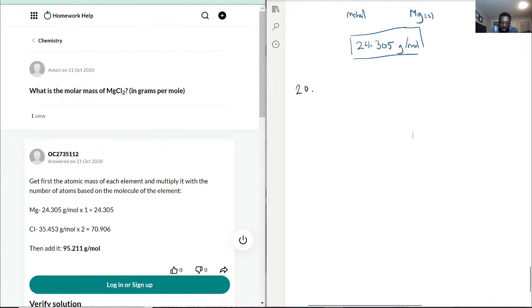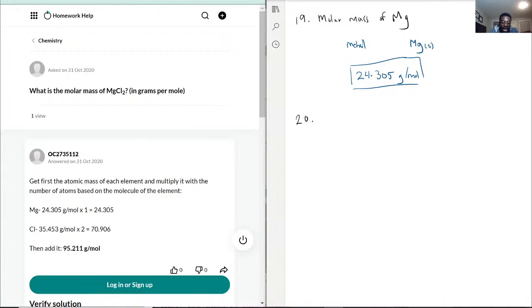So now they're asking, conveniently actually, what is the molar mass of magnesium chloride in grams per mole? So, molar mass of MgCl2. Now, with that being said, we have 1 magnesium and 2 chloride.